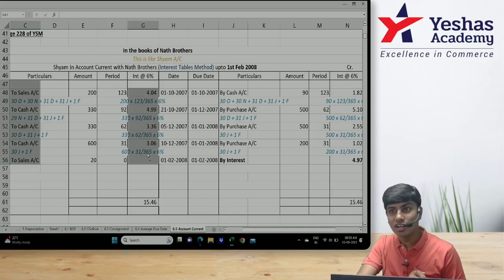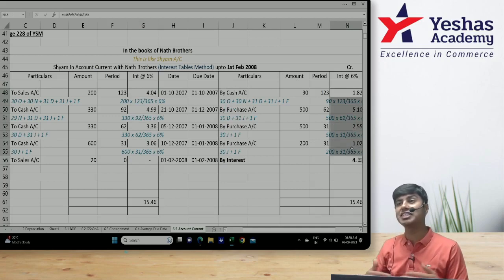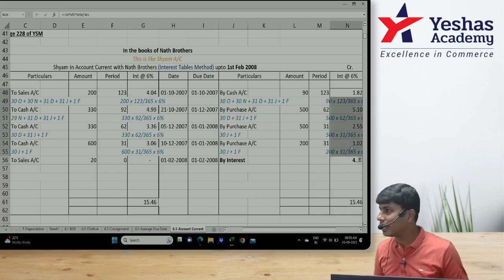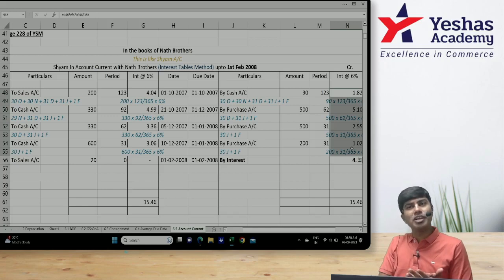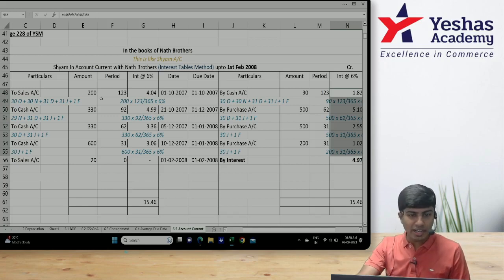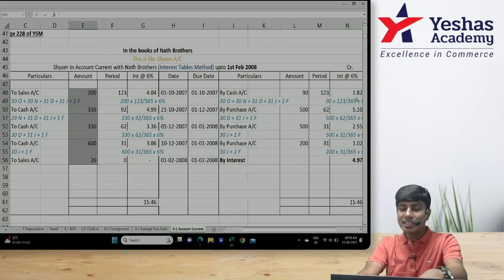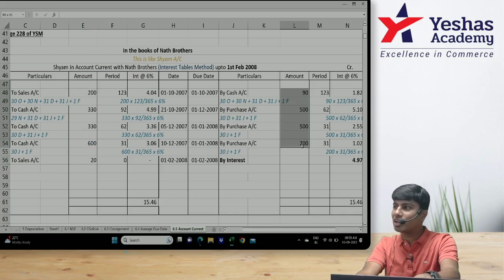This is purchases made. So 1.8, 5.1, 2.5, 1.2 is interest payable. Is interest receivable more or payable more? And this 200, 330, 330, 600 is receivable or payable? This 90, 500, 500, 200.